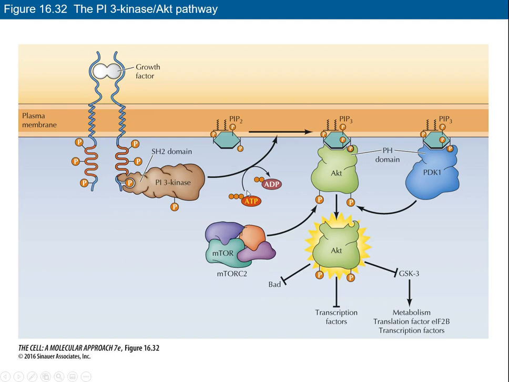You can take a look at this pathway here. Nobody needs to memorize it, but it's another example of a signaling pathway that would be activated by a growth factor. And if you notice here, there's a specific protein complex called mTOR. This one is mTORC2, mTOR complex 2, and you can see it's interacting with this pathway.